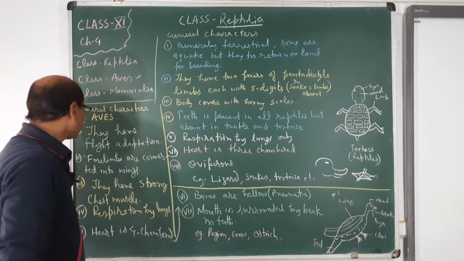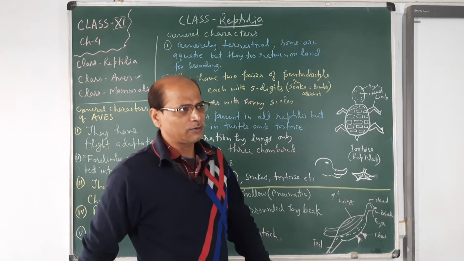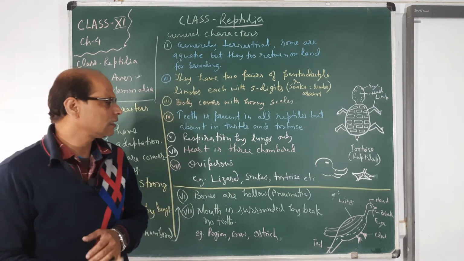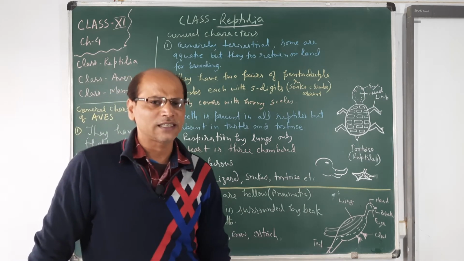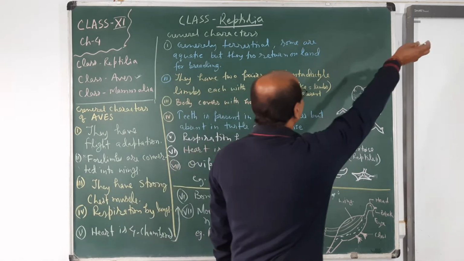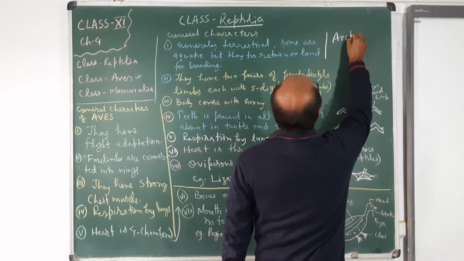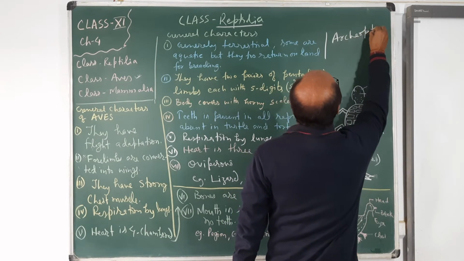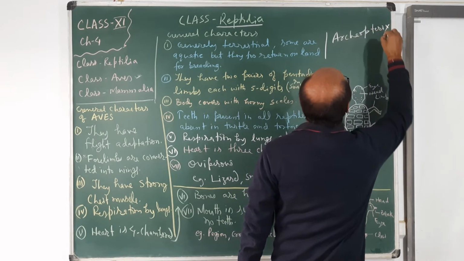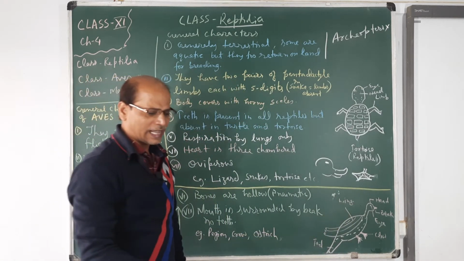You know, if you compare reptiles and birds from an evolutionary point of view, birds and reptiles are related to each other. Say one fossil, that is Archaeopteryx. Archaeopteryx is a fossil which has characters of both snake and bird.